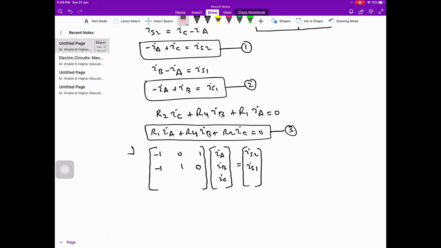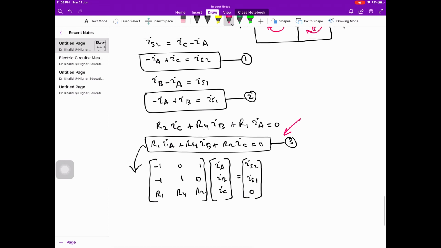Now the third equation over here: R1 IA, R4 IB, R2 IC, and the right hand side is equal to 0. Have I written this correctly?